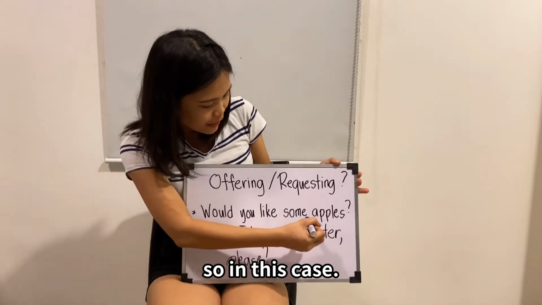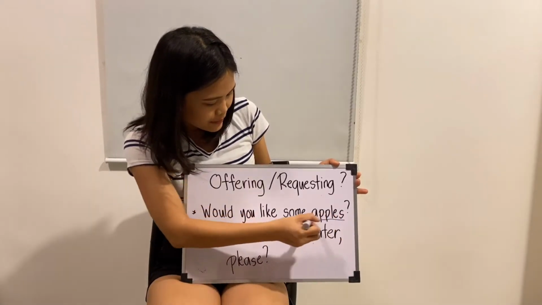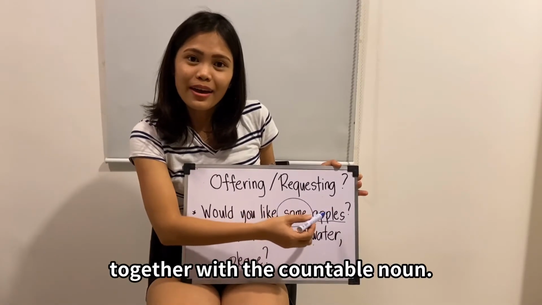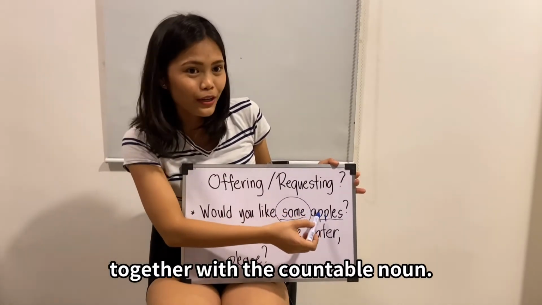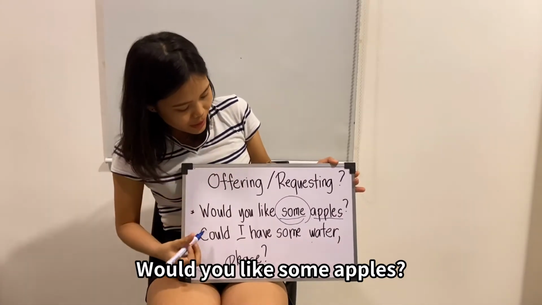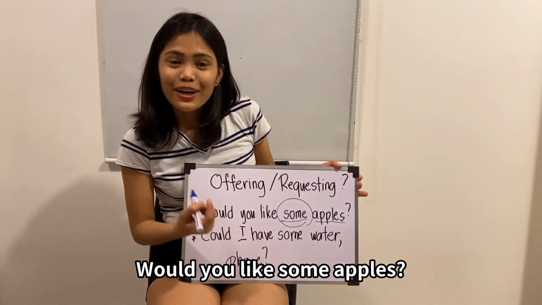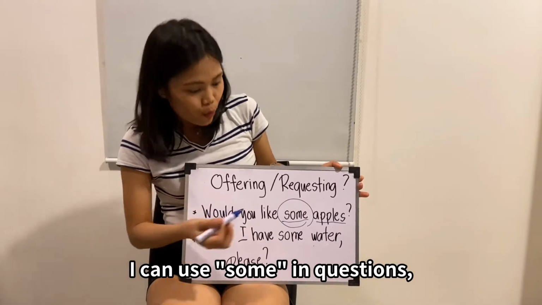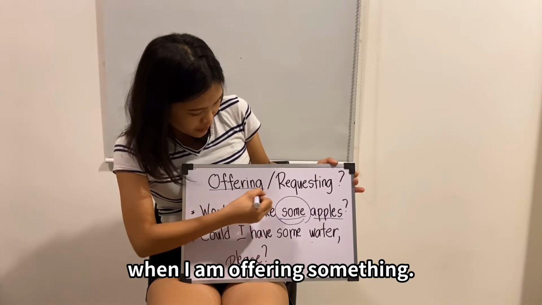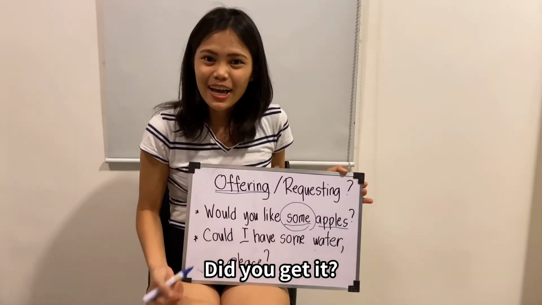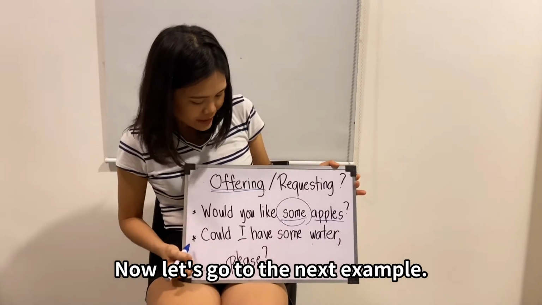So in this case, as you can see, I use some together with a countable noun. But for the meaning, since it's a question, would you like some apples? In other words, I can use some in questions when I am offering something. Did you get it?